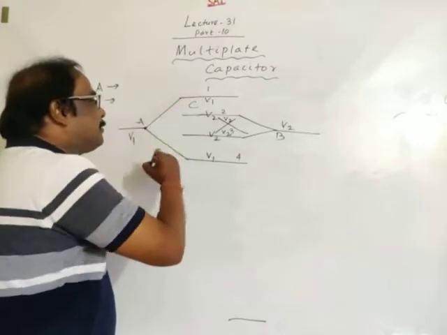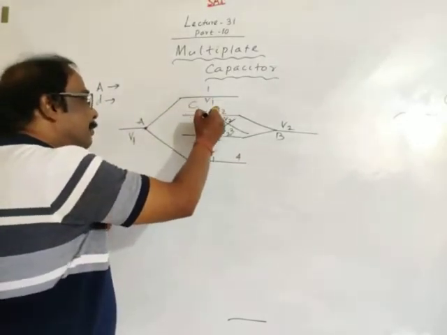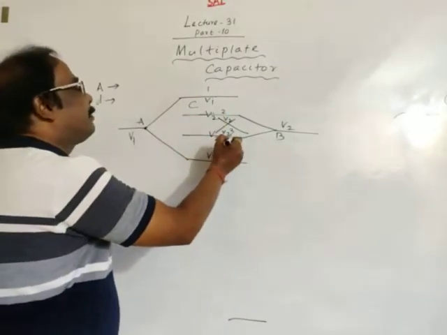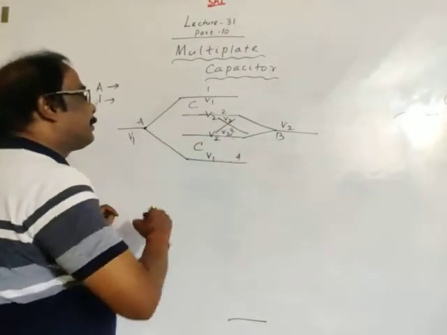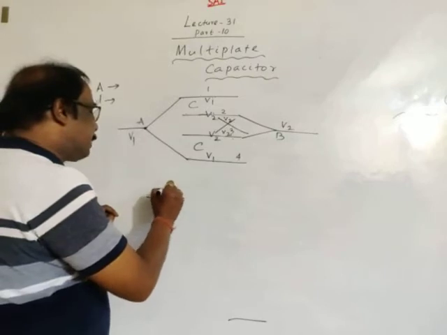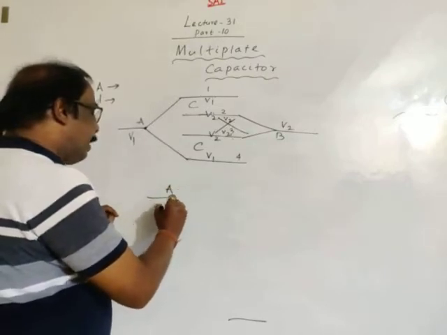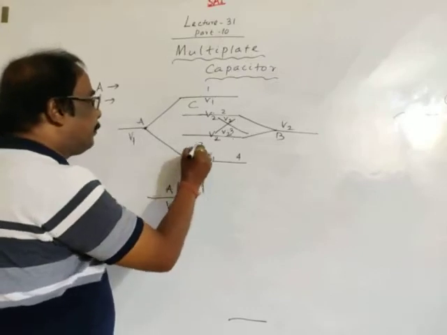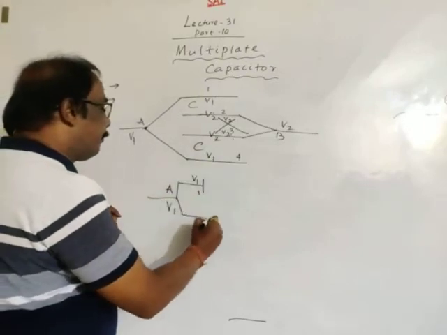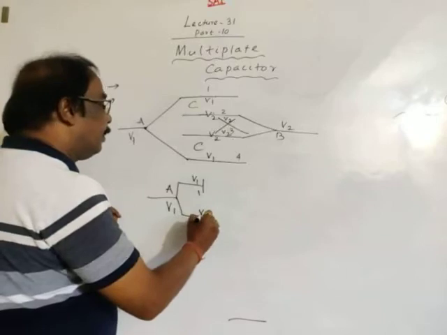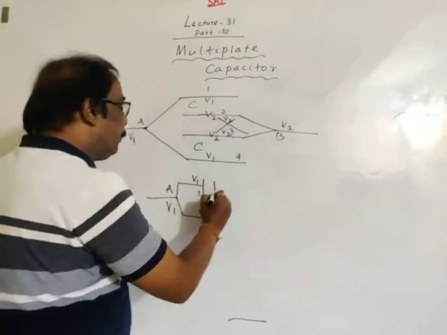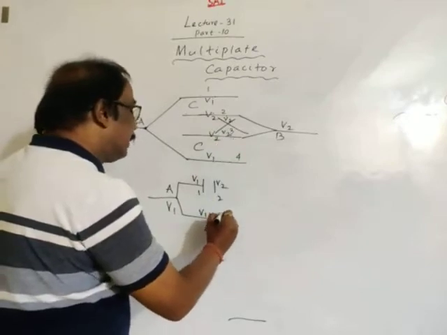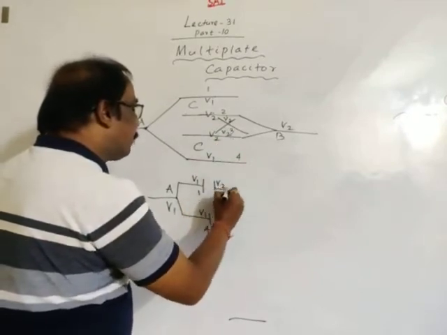Then we can have capacitance between plate 1 and plate 2, let's say C, and between plate 3 and plate 4, again capacitance C. Again the same circuit: A at potential V1. This is plate 1, potential V1. This is plate 4, potential V1.